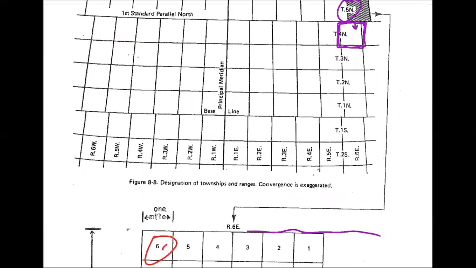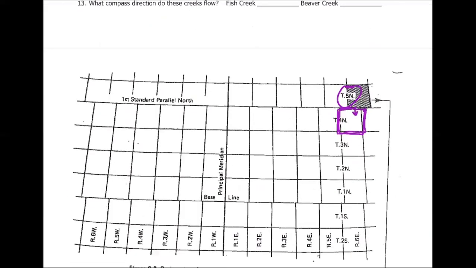If I was down here, in T5S, somewhere down here, and I went down, that would be T6S. But since we were already north of our baseline, all that goes out the window. You've got to be very aware of where you are. You're in 5N. If you go south, you're going to go 4N, 3N, 2N, 1N, and then eventually you'll hit the baseline. And then you'll start going up again, 1S, 2S, 3S, 4S.